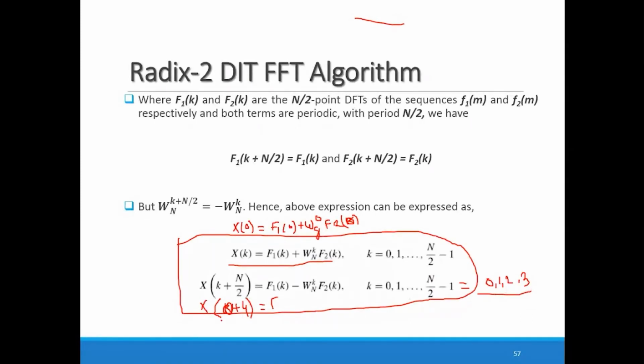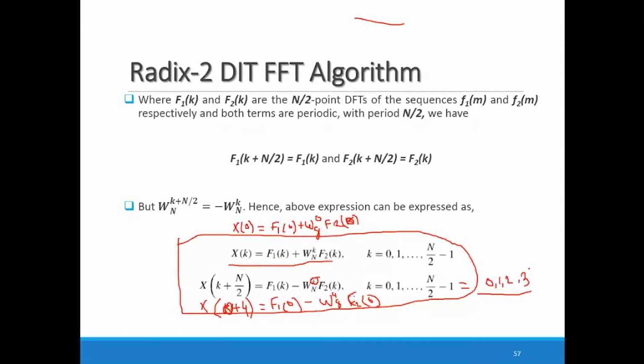So if I take the value of k equal to 0 first, then with n by 2, that is 4, what do I have to write? F1 of 0 minus omega 8. Now you replace this k with k plus n by 2. So this will be omega 8 raised to 4 times f2 of 0. Omega 8 raised to 4 f2 of 0.